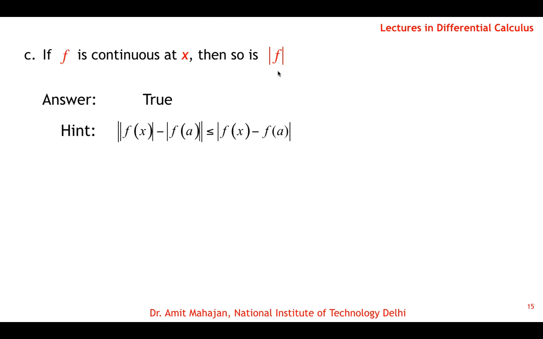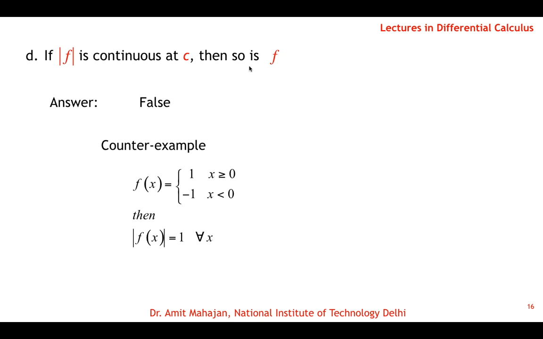The converse is not true. If the modulus is continuous at a point, it does not mean that the function is continuous at that point. The counterexample is this: if you have a jump discontinuity at the origin of this form, then the modulus of this function is 1, and this function is continuous for every x.